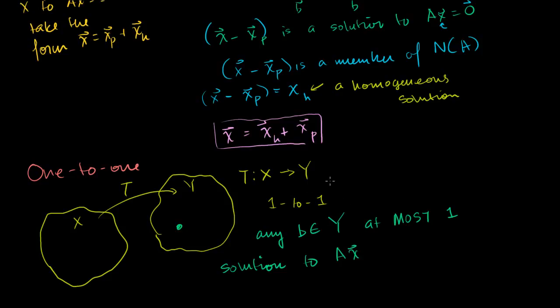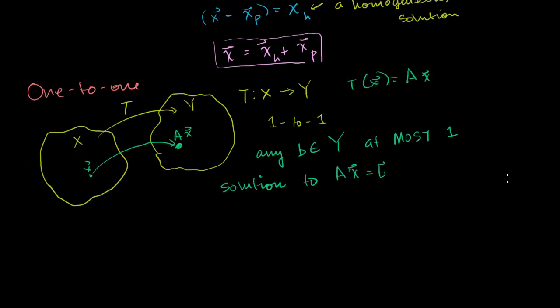I'm assuming that A is our transformation matrix, so we can write our transformation T as being equal to some matrix times our vector in our domain. So this would be Ax if this is x right here. T would map from that to that right there. Another way to say that is that there is at most one element that maps into that element of our codomain. There might be none. There could be no solutions to this, but there has to be at most one solution.